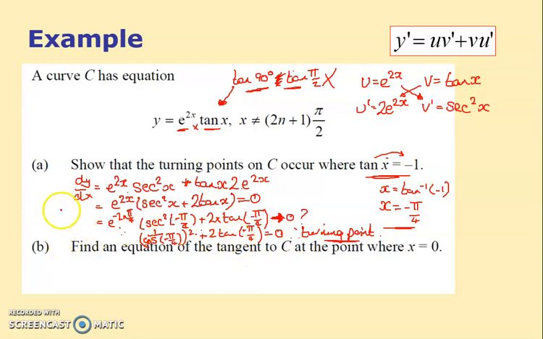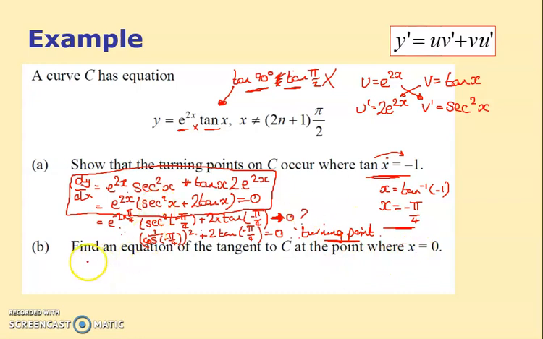Now it says find an equation of a tangent at the point x equals 0. Now let's go back to this. This is what dy by dx is equal to. To find the equation of a tangent, I need to put 0 into this thing.